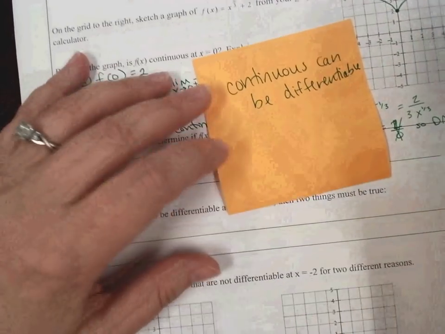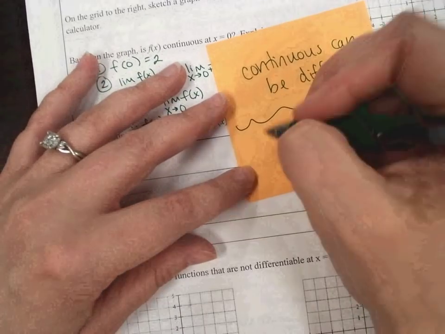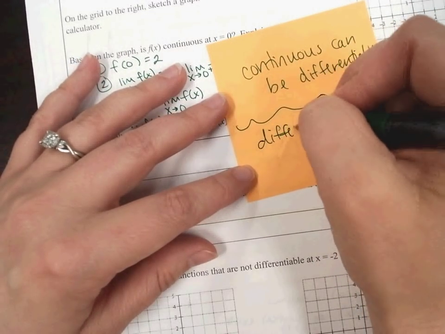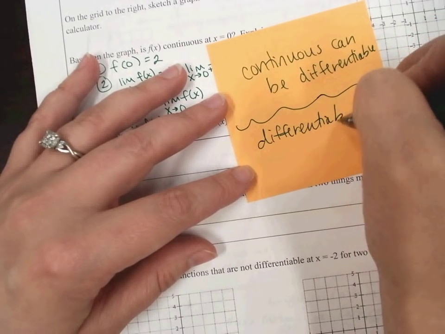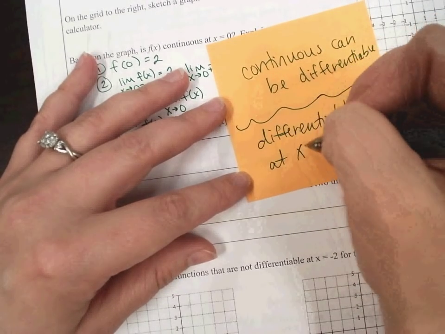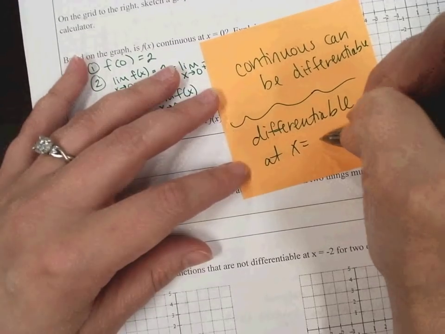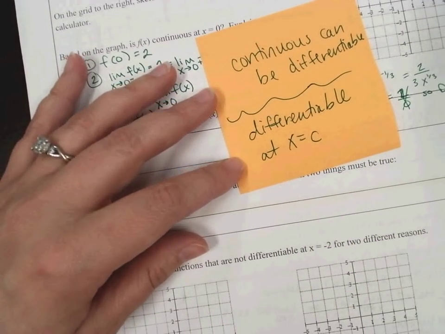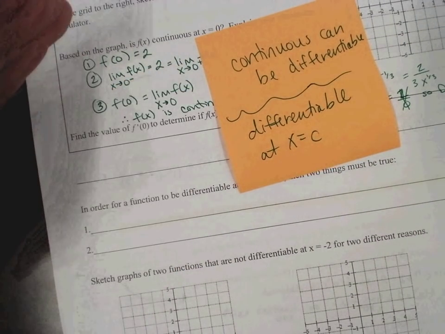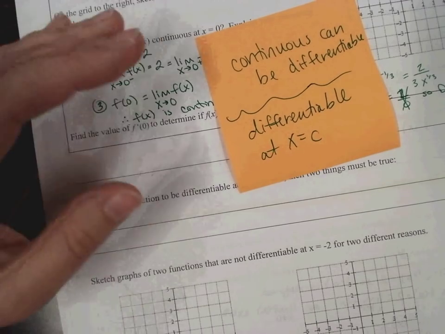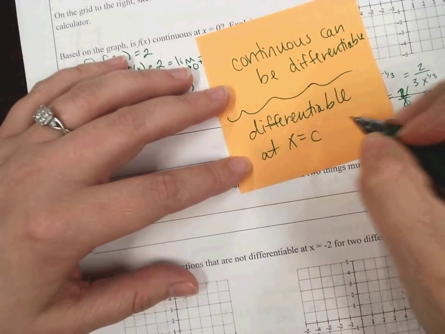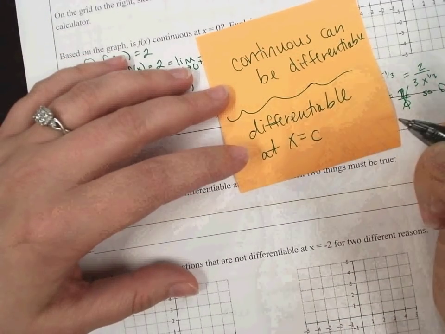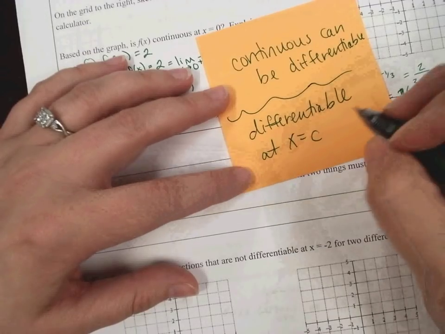But if I told you that a function was differentiable at x is equal to some value c, then because of what we've been talking about, you know that the function must be continuous.